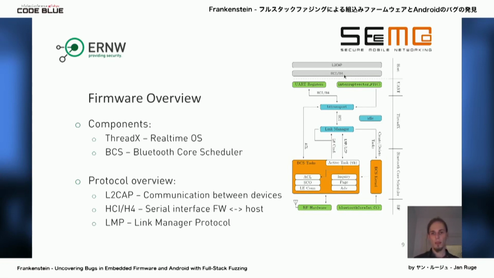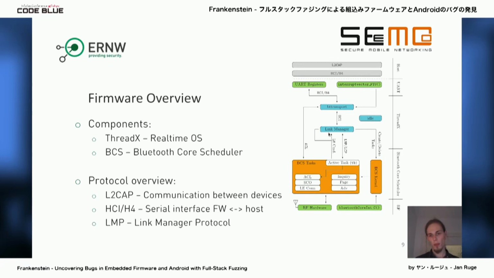And those messages are first of all received by the BT transport thread that implements a state machine to handle the serial interface. And once those messages are received, they are passed to the link manager, which is the most complex task thread inside the firmware.